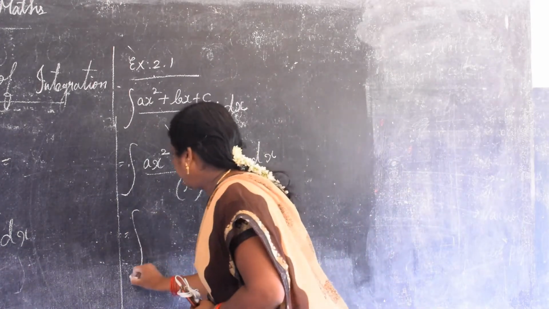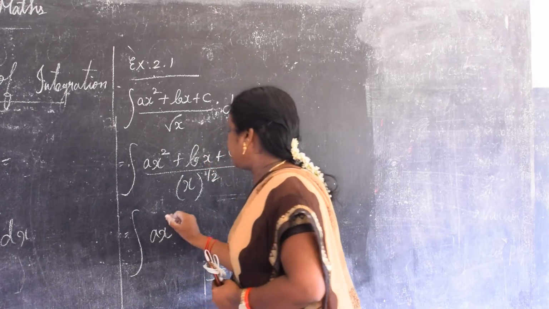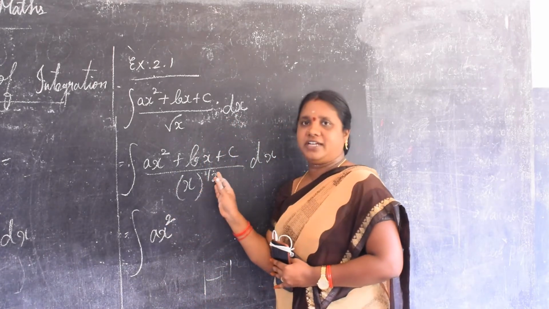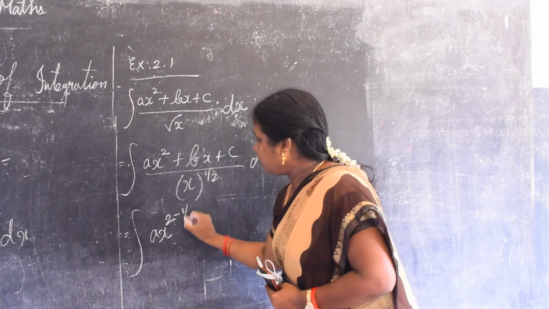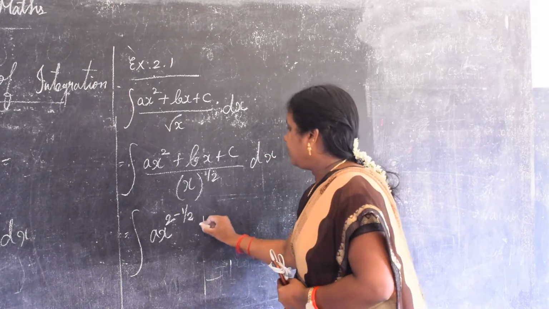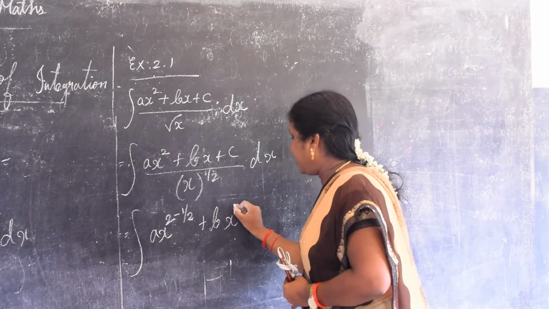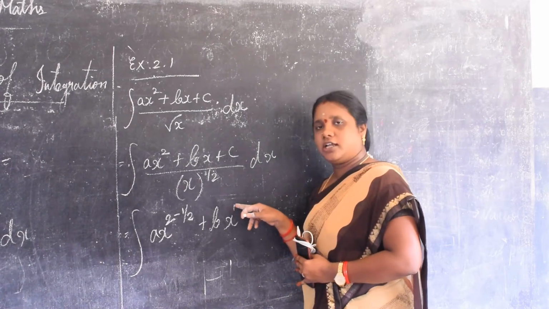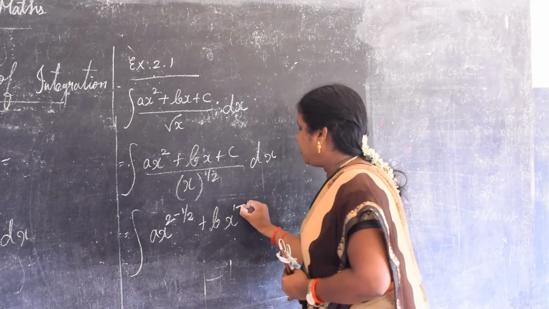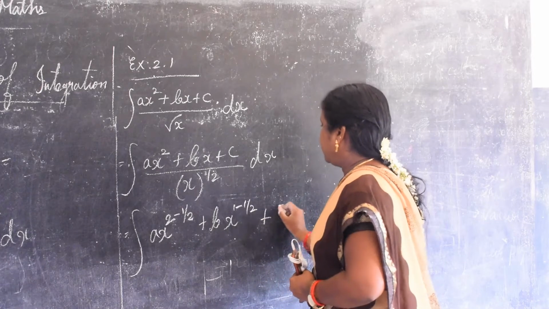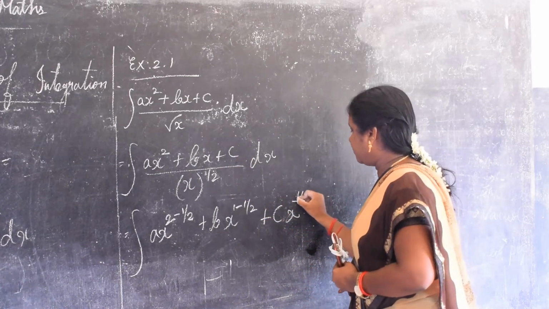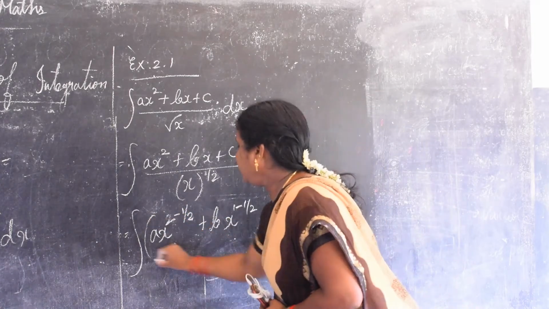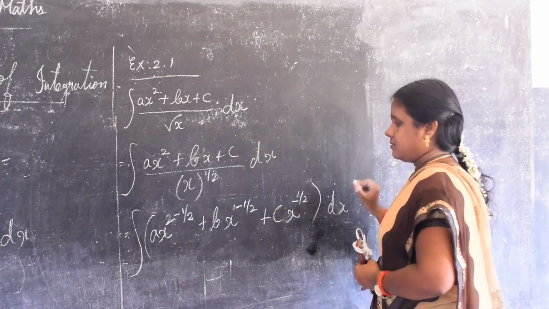Next, ax square: this 1 by 2, if I take it to the numerator, it will become minus 1 by 2. So when it combines with this, minus 1 by 2 plus bx power 1. When there is no power, what is the meaning? The meaning is 1. Plus cx, if you bring it to the numerator, power minus 1 by 2 dx. Have you understood?